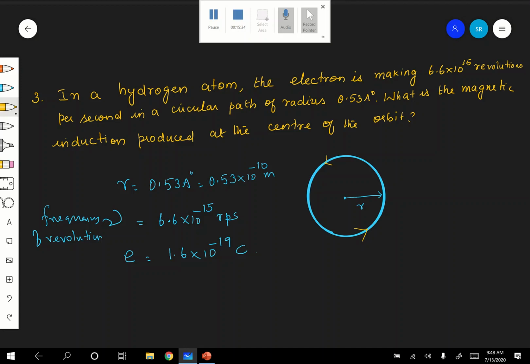Therefore, now you are asked to find the magnetic induction at the center. It is nothing but the magnetic field at the center of the current carrying circular coil. The formula is ready with you.